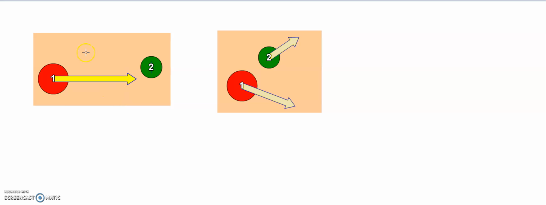Okay, now this one had momentum to the right. These both have momentum to the right, and if you take the amount this one has to the right and this one has to the right, they would combine together to give you what this one is. So let's make up some numbers and see what's going on. Suppose the momentum for this guy here was 5, going towards the right.